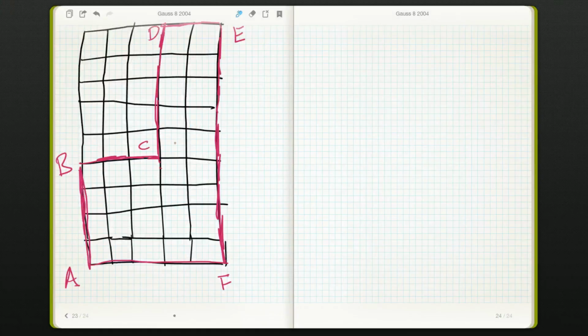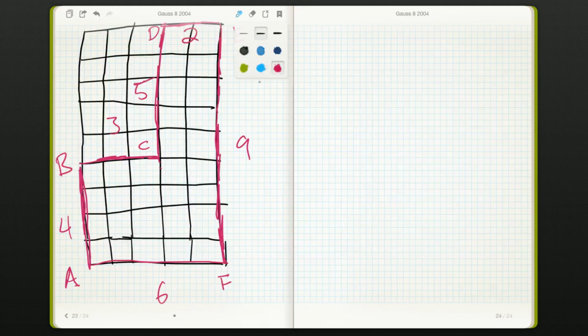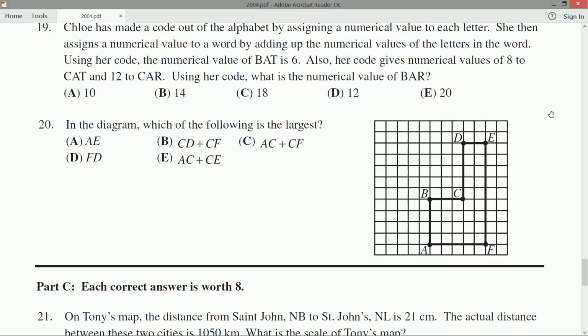Now we need to start calculating and comparing some things. We got 9 here, 6 here, 4 here, 3 here, 5 here, and 2 here. So we need to just calculate A to E. That would be over 5 and up by 9.